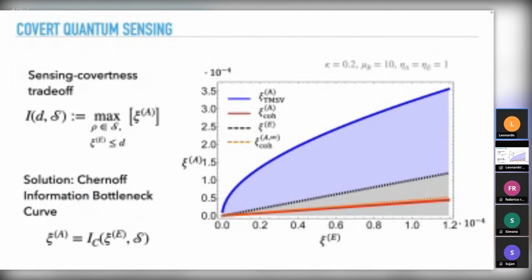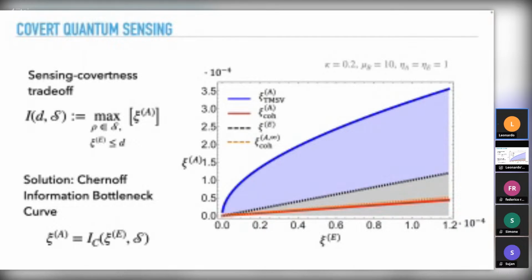the Chernoff information on Eve's side and the Chernoff information on Alice's side, and this S here is basically the class of your probes, for instance the amount of energy you are using to probe the system. So this is basically the upper limit, because you have this inequality constraint. This information bottleneck curve defines the upper limit on Alice's Chernoff information for a given Chernoff information on Eve's side.